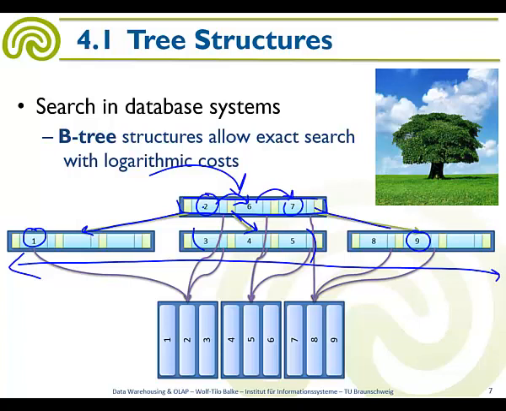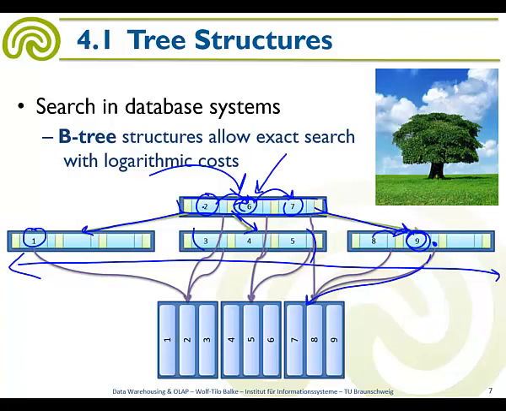So I hop to the right pointer, and then I start traversing until I find the 9. And the data pointer takes me to the disk. So to get the 9, I had to traverse 2 levels of the tree. If I was lucky, maybe I would have chosen the 6, so I only have 1 level, and I get to the disk.